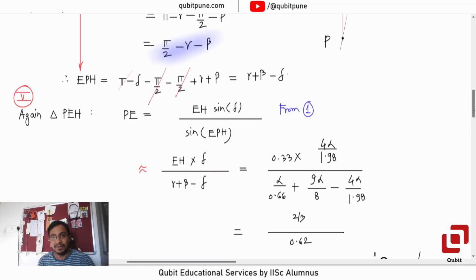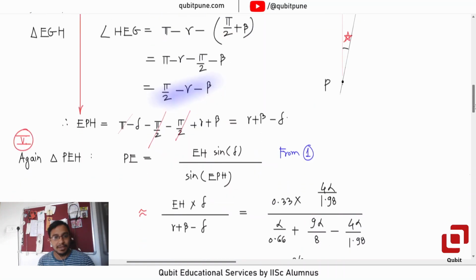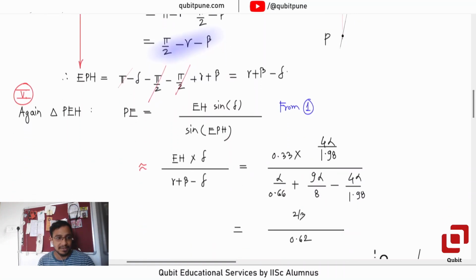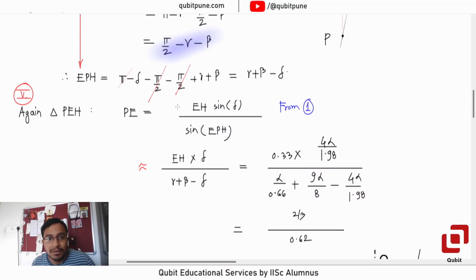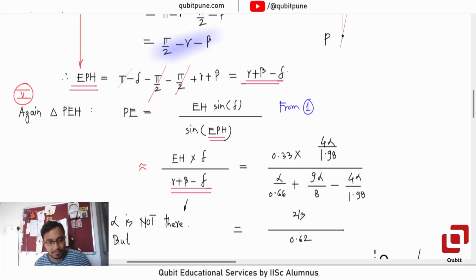What is EPH? EPH is gamma plus beta minus delta, and we can approximate it as this. Delta was already there. EH, we know its value, and now remember alpha is not here in these angles, but it can be brought in.